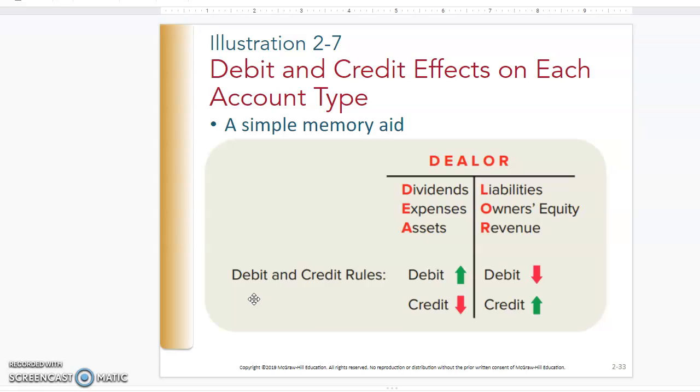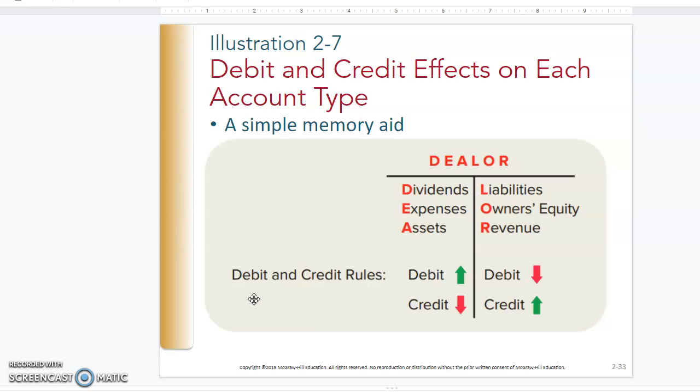Right? Because this is all balancing, if you can just remember one of these things, then you will know that the others are all the opposite. Okay, so DEA for dealer, those are dividends, expenses, and assets. They all go up with a debit.